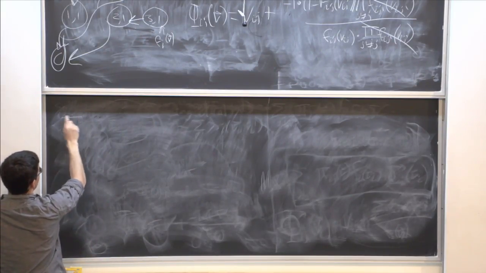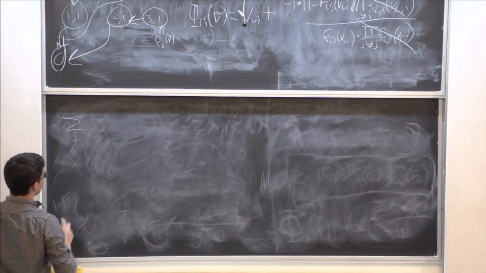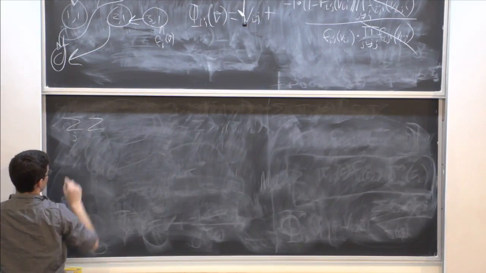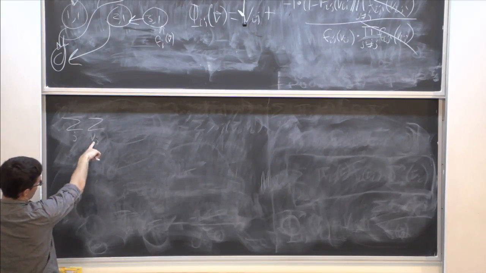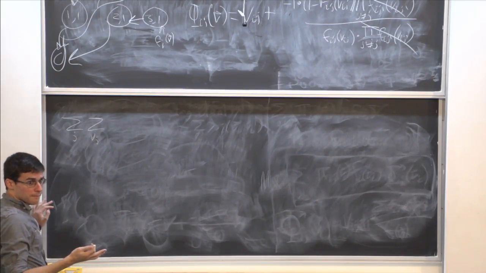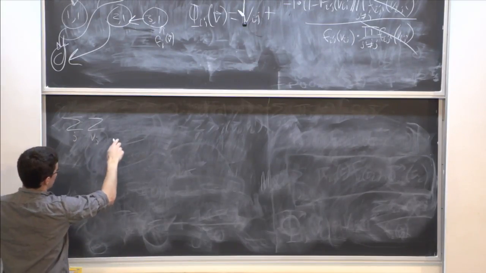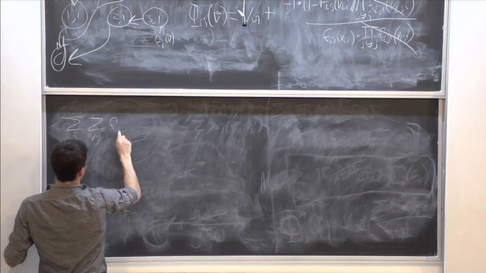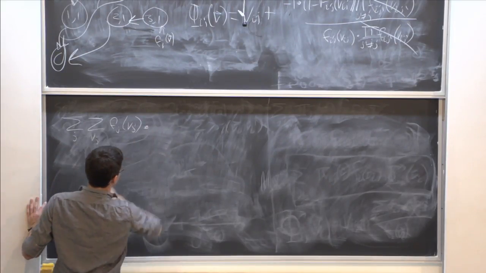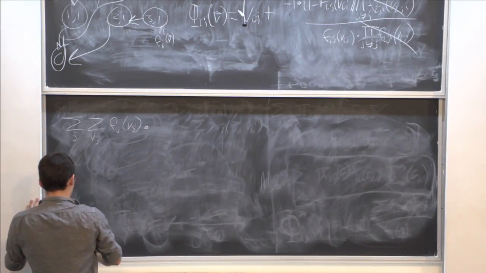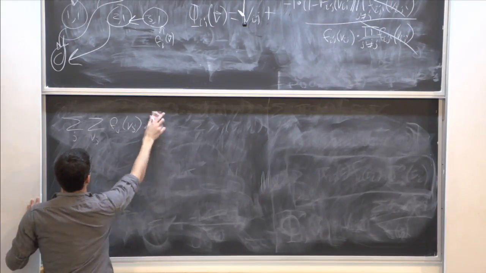We have the sum over all items. I'm going to drop the subscript of I because there's only one bidder. So the sum over I is the sum over all values. We have fj of vj times, let's write it the longer way.